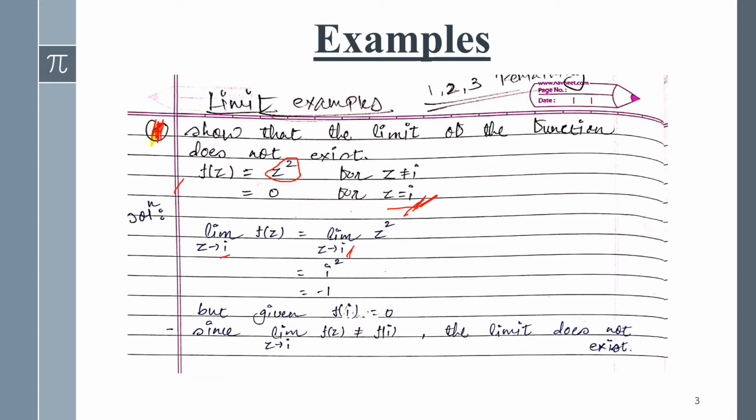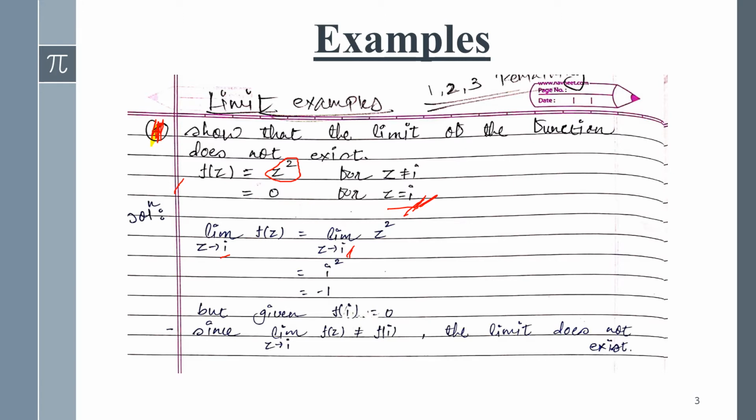See guys, always two functions will be given. The first one will be for z not equal to a point, and the second one for that particular point. Here it is given for z does not equal i, and the second for z equals i.